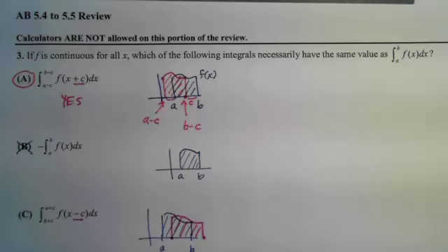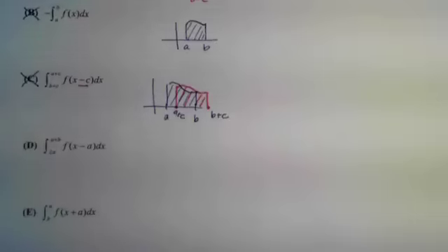When I do that, this will now be b plus c, and this will be a plus c. Now the issue is I want to accumulate from the b backwards to the a. Since I've switched the limits, even though the red accumulation and the blue accumulation seem to be the same, going backwards will make them opposites. So C is not going to work as well.